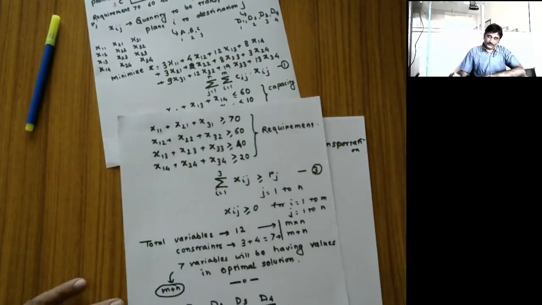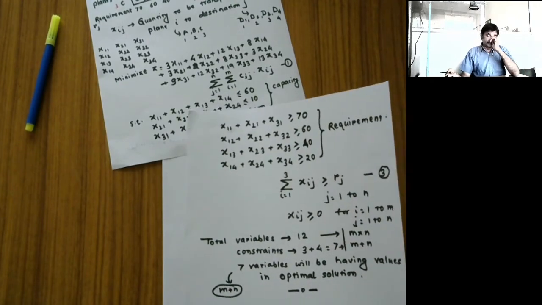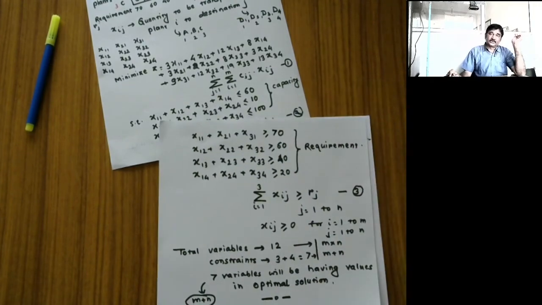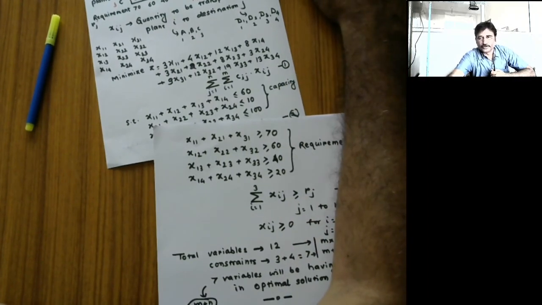So this is a specially structured problem. We will see whether there is any possibility of solving this formulation by any approach other than the simplex method. So here we will be stopping our class. In class 2 we'll soon be meeting.